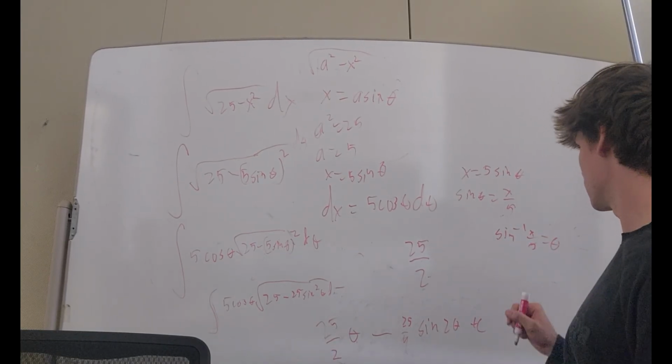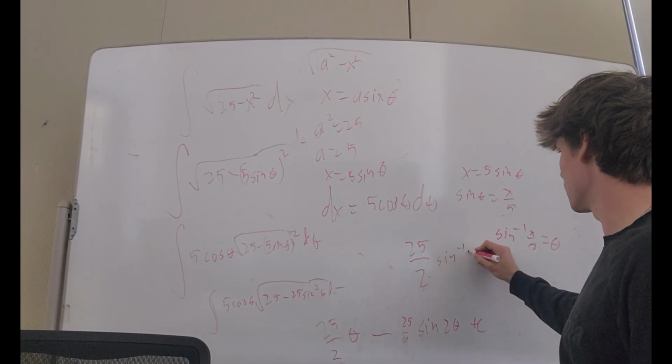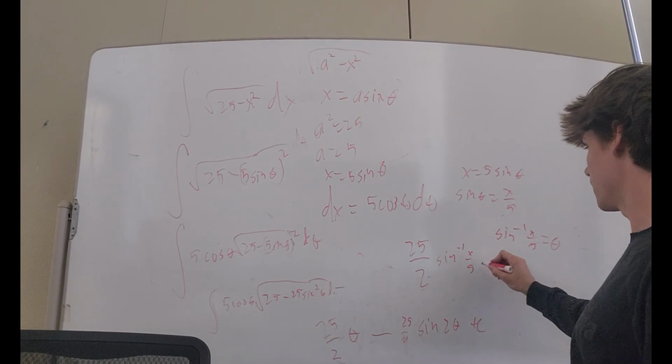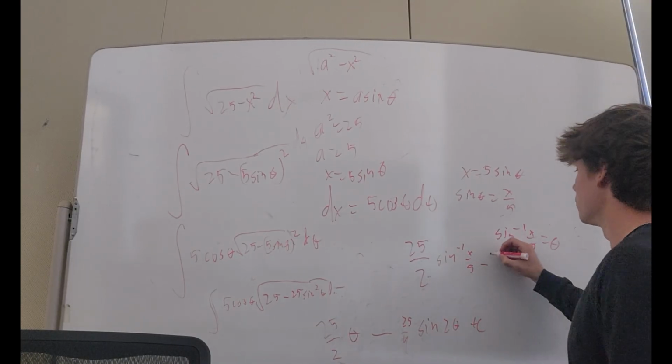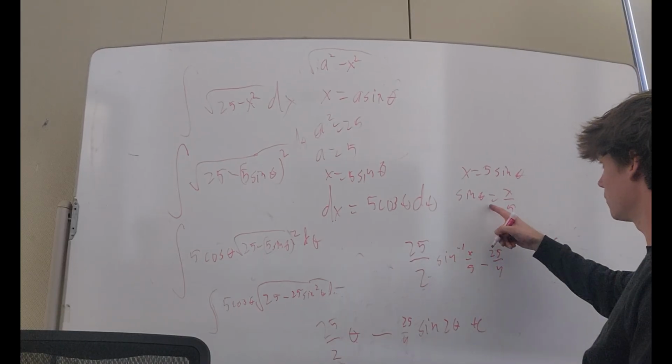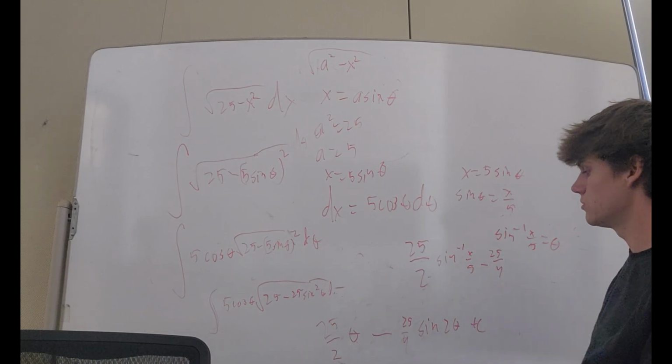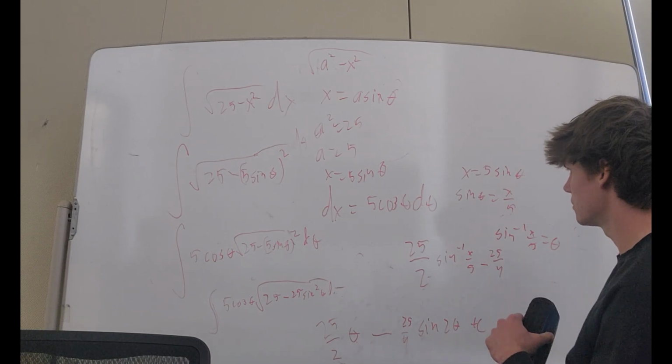So it's 25 over 2 arc sine, inverse sine x over 5 minus 25 over 4 sine. We're going to multiply by 2. Or you could use a double angle formula, which I'm actually going to do instead.